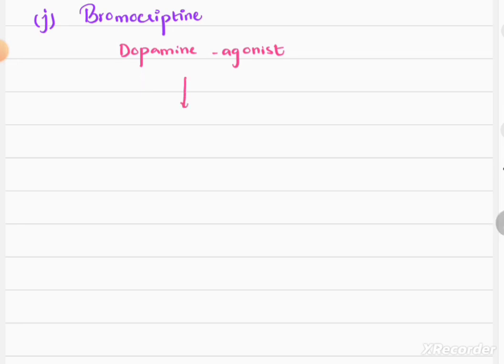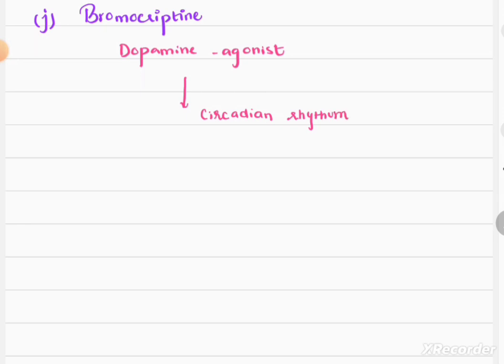So this is a possible mechanism by which it has its anti-diabetic effect.